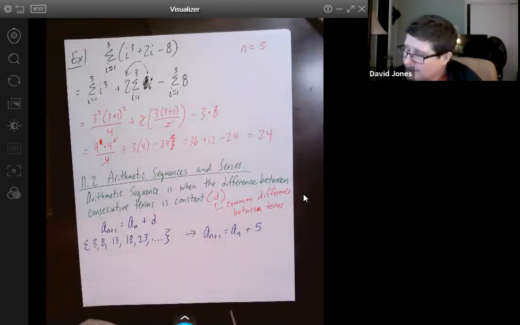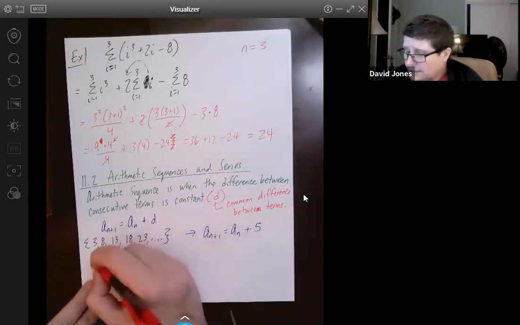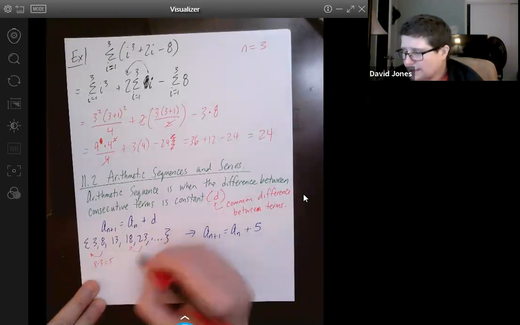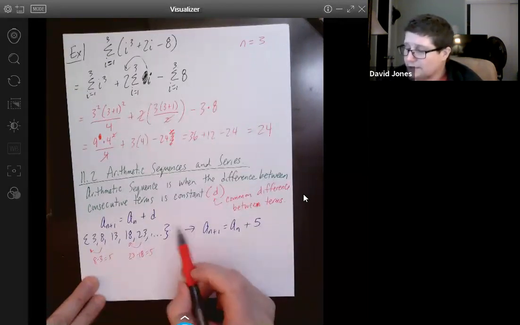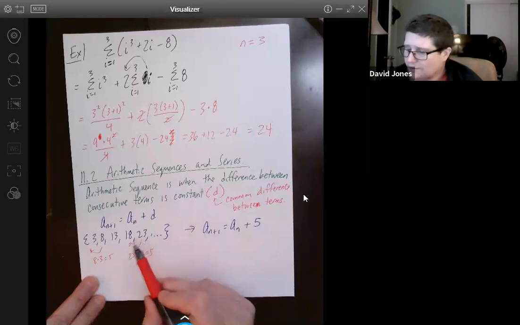How did I figure this out? 8 minus 3 is 5. Well, I can do 23 minus 18 is 5. Just take the common difference between two consecutive terms. So subtract one term, subtract the previous term from your current term.